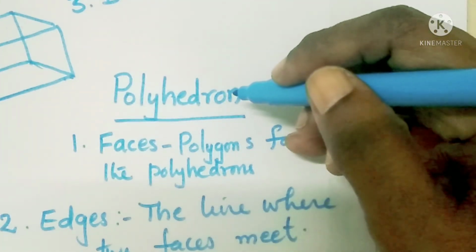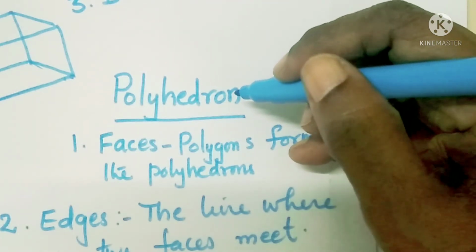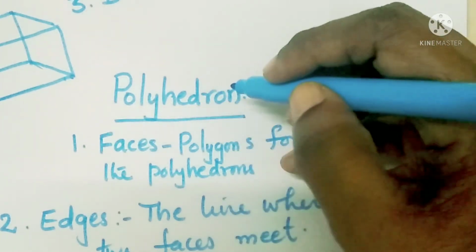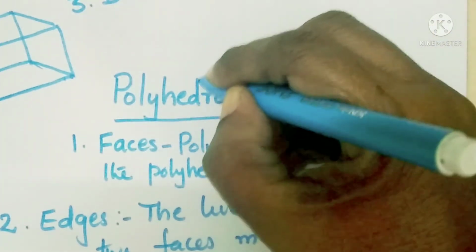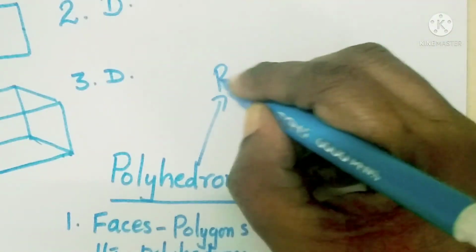Now, when we learned about quadrilaterals, we learnt regular quadrilaterals or regular polygons. Similar way, we have regular polyhedrons. What are regular polyhedrons?